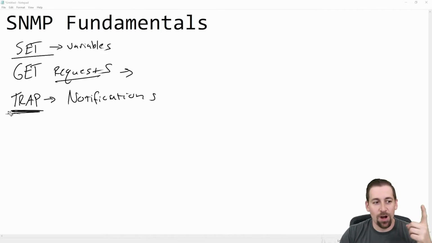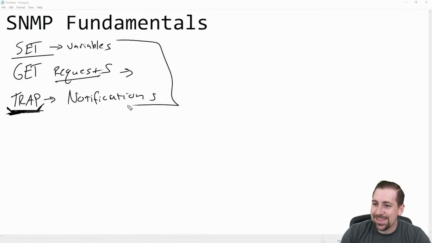And by box, I mean anything: router, switch, PC, server, whatever it is that's running my SNMP endpoint software. The traps are actually these notifications. You might have heard this terminology: I received an SNMP trap and it wasn't great, something happened, an interface was flapping, or an interface shut down, or a device is reset. These are the types of packets and the type of information that I could get from SNMP.